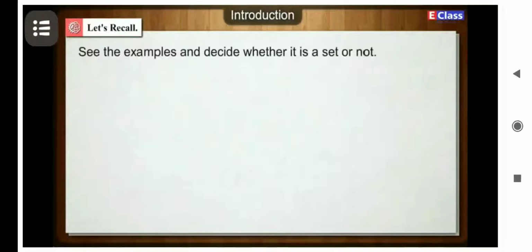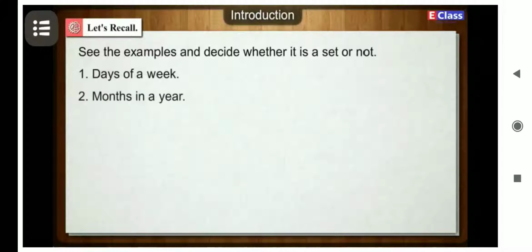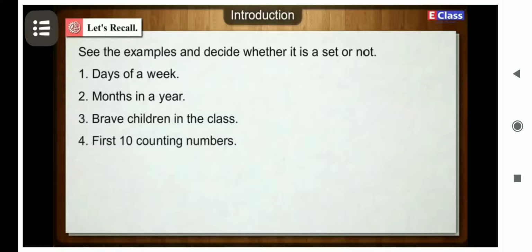See the examples and decide whether it is a set or not. 1. Days of a week. 2. Months in a year. 3. Brave children in the class. 4. First 10 counting numbers. 5.